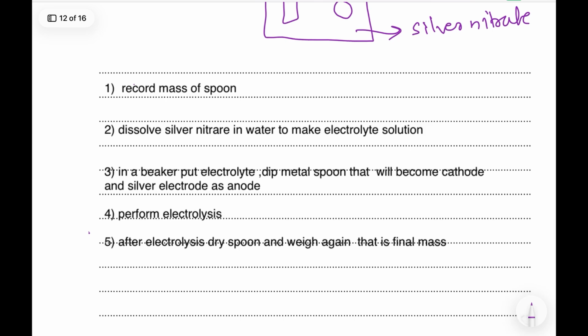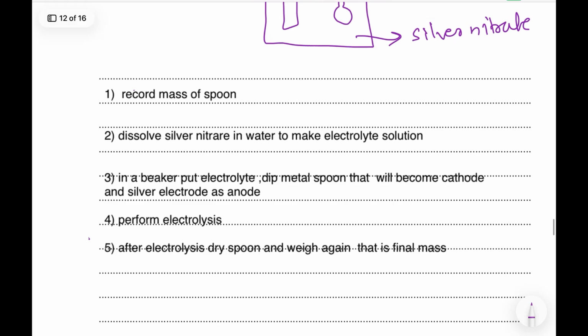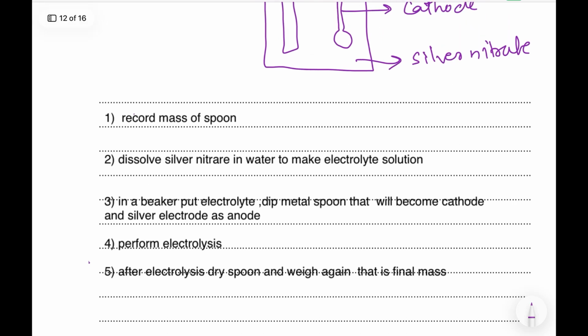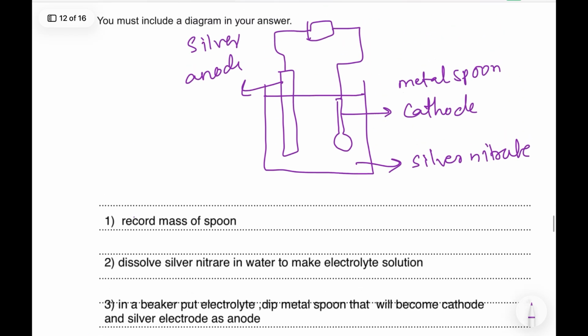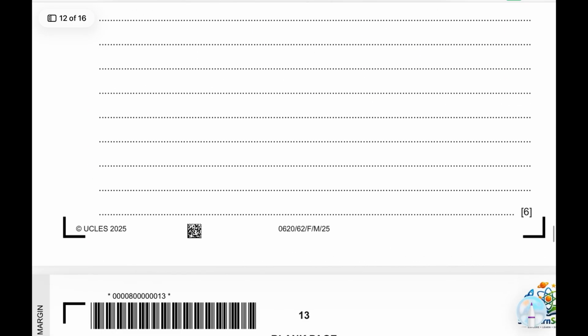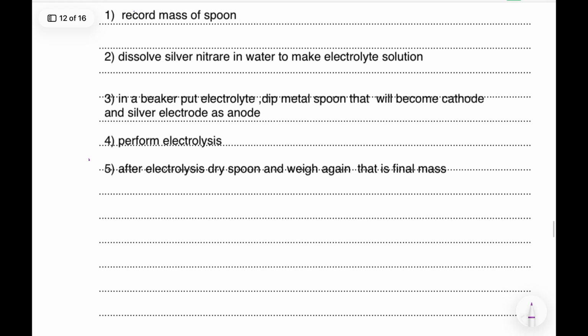After that, we are going to set up the whole apparatus, dip the spoon and silver anode in the electrolyte and start performing electroplating. Now, after the electroplating is done, we have to remove the spoon, dry and weigh it again, which is going to give me my final mass. So how are you supposed to find the amount of silver which is deposited on the spoon?